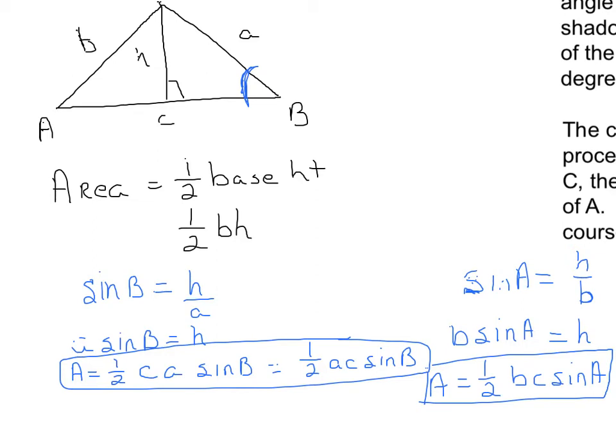Area can be 1/2 AC times the sine of B, 1/2 BC times the sine of A, or we could do the same thing and let one of the other sides of the triangle be the base, but hopefully you could guess that at this point, the third way that we could get the area would be 1/2, if we got the sine of C, we'd have AB times the sine of C. So that's just depending on which side you're given and which angle you're given as to which of these formulas that you want to use.